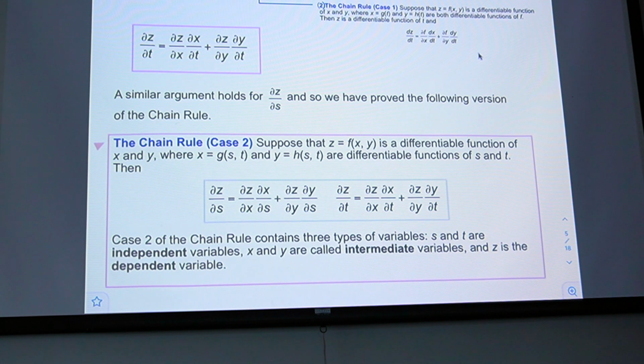Case 2 is for z a differentiable function of x and y, and both x and y are differentiable functions of two other variables, s and t. Then the partial derivative of z with respect to s, the first variable, is equal to this. And the partial derivative of z with respect to t is equal to this.